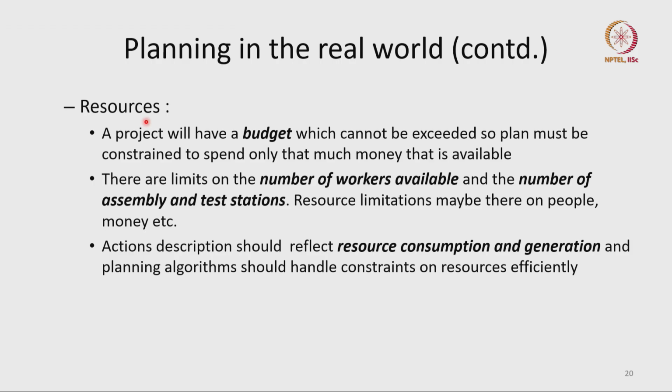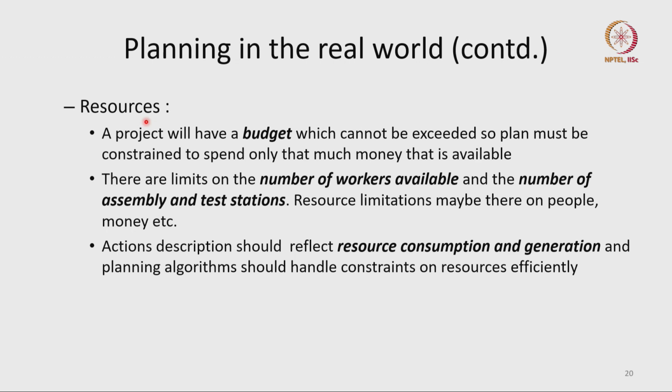So you need to constrain your plan so that you don't spend more than that much money. Another thing is the number of workers or manpower available, and the number of resources like assembly and test stations may be limited. So you need to take this limitation also into account.